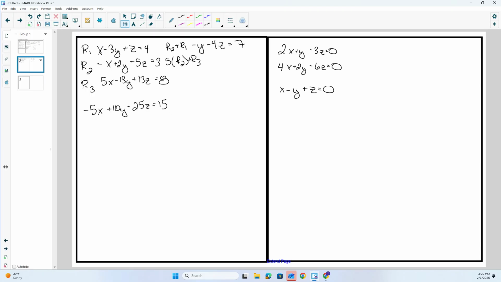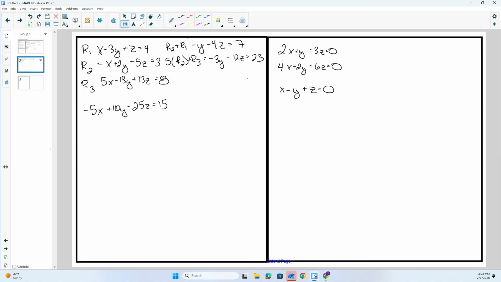There's nothing wrong with doing it like this, because then I'm going to add it to this top one right here, and that's going to give me, so the 5x's cancel. This leaves it with negative 3y minus 12z, and that's going to equal 23.